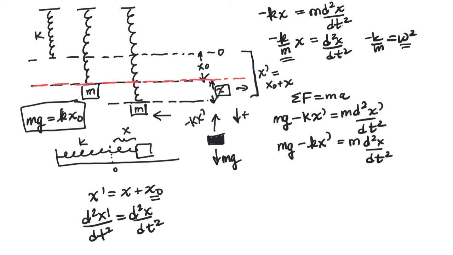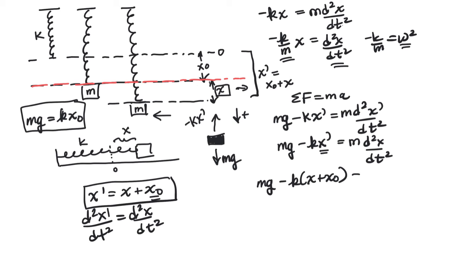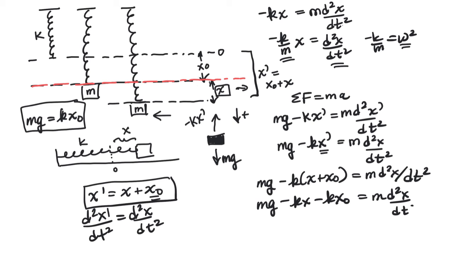And you can see I'm one step closer to where I want to be. But the left side of this equation still isn't adding up. So I'm going to do that same substitution, x prime equals x plus x0: mg minus k times (x plus x0) equals m d squared x dt squared. That's mg minus kx naught minus kx equals m d squared x dt squared.